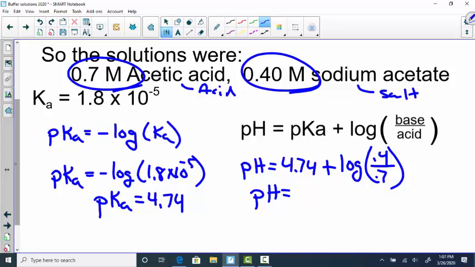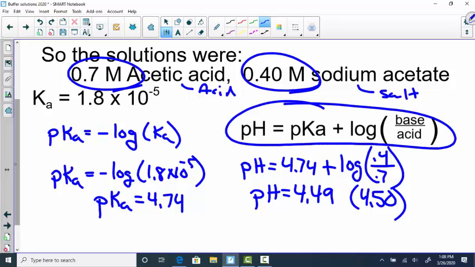And when you do, what you will see is this pH comes out to be 4.49, I think is what it actually comes out to be, which is essentially the same as the 4.50 that we got doing it with the chart.